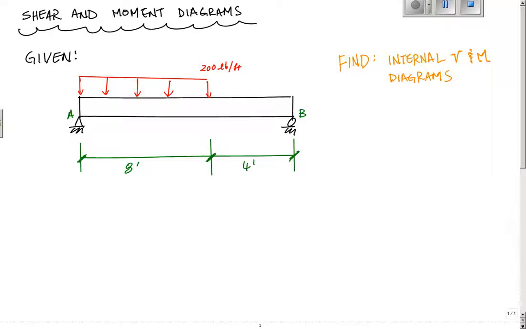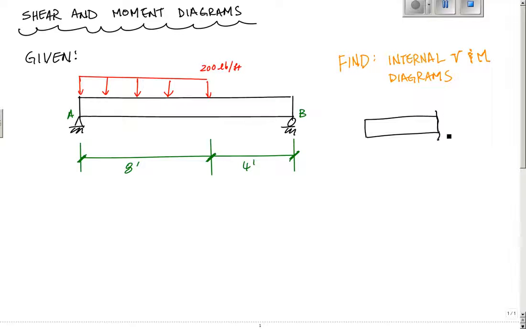Just a little background, things to remember about shear and moment diagrams: it's like you're looking inside. What is going on internally? Something important here is the internal sign convention.